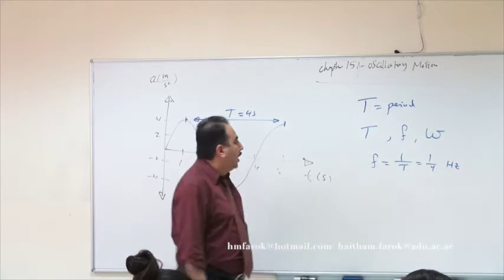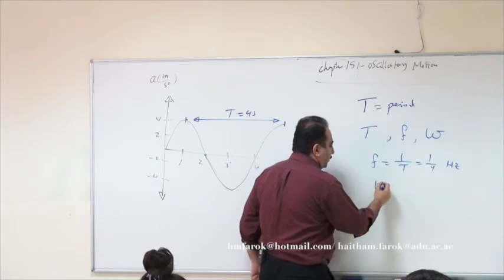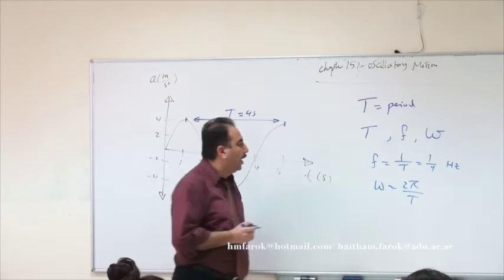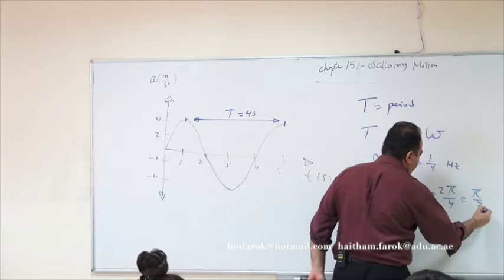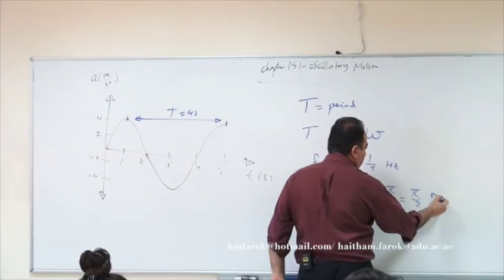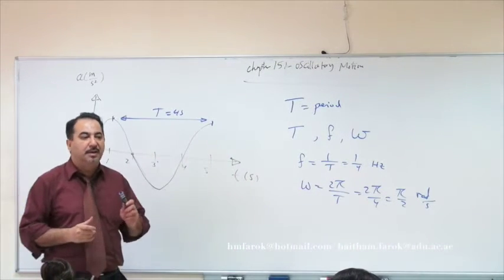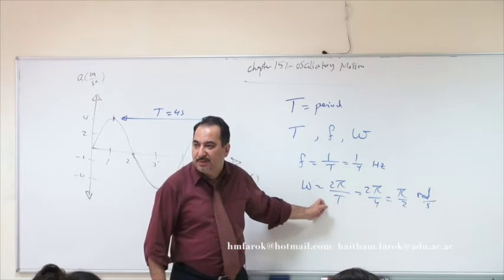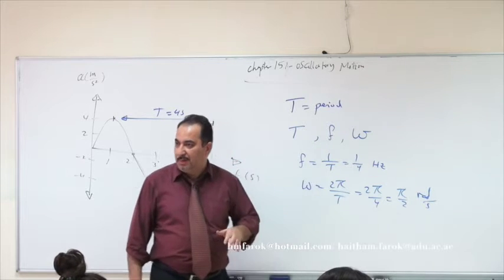And if you know the period, you can find the angular frequency, which is 2 pi over the period. And this is 2 pi over 4, which is pi over 2 rad per second. Okay? Now you can see why the period is important, because you can find the angular frequency. And angular frequency is a key in oscillations. You need it.